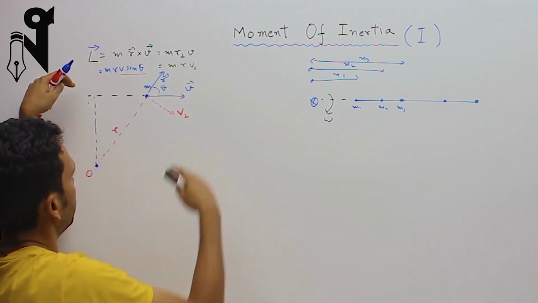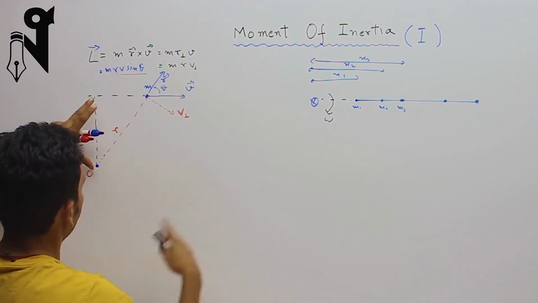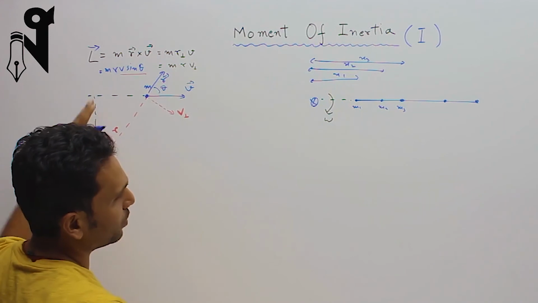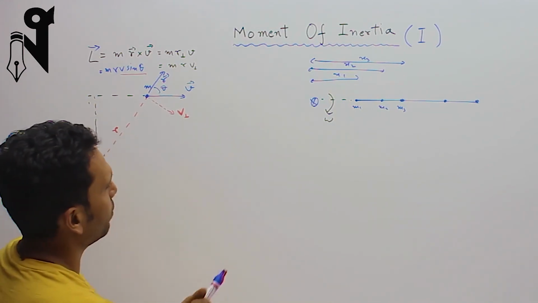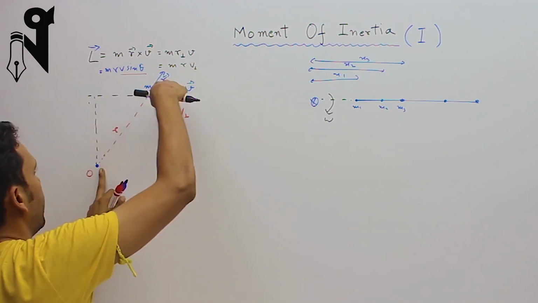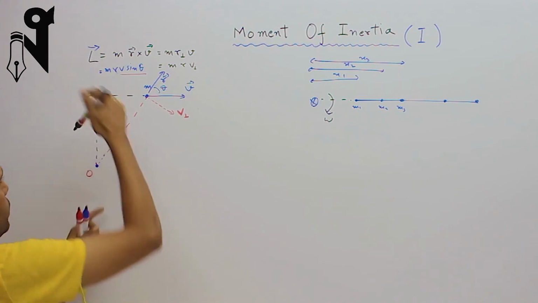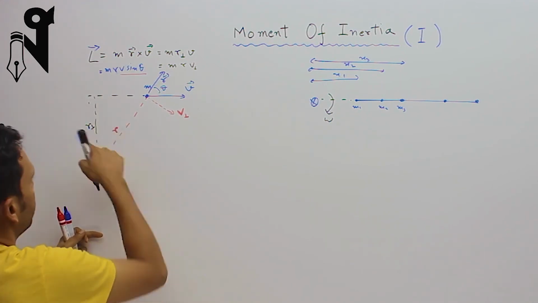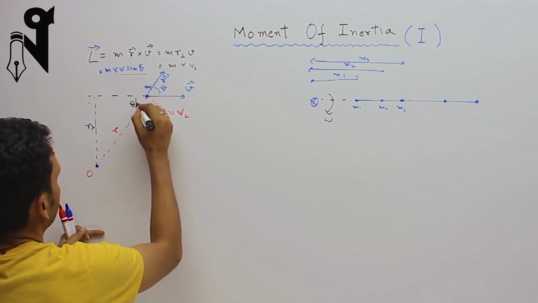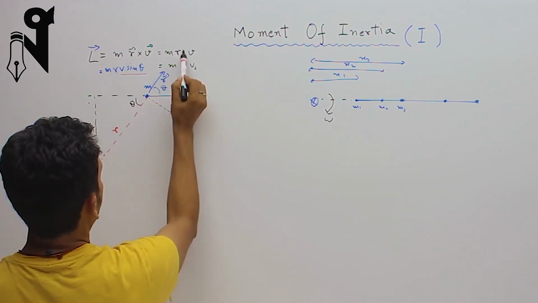It is somewhat like your force arm. If the force was in this line to give a torque, the moment of force, which we have done a bit early so I can refer to that, this would have been the force arm. So that is your r perpendicular. Is it equal to r sine theta? This theta, this theta, yes, it is equal to r sine theta. So instead of r sine theta, you can write r perpendicular.